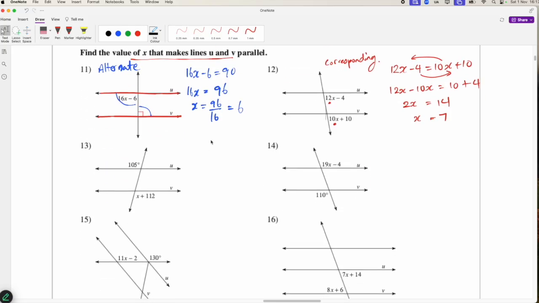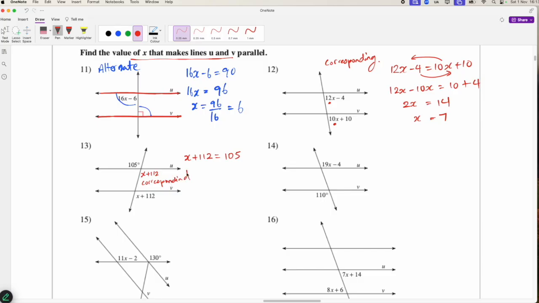You can see with this one, this angle A is corresponding with this angle A, and then this angle A is vertically opposite with this angle A. So they are all equal, they are all the same, and so therefore in this case x plus 112 is going to be equal to 105, because this here will be x plus 112 as well, because of corresponding.